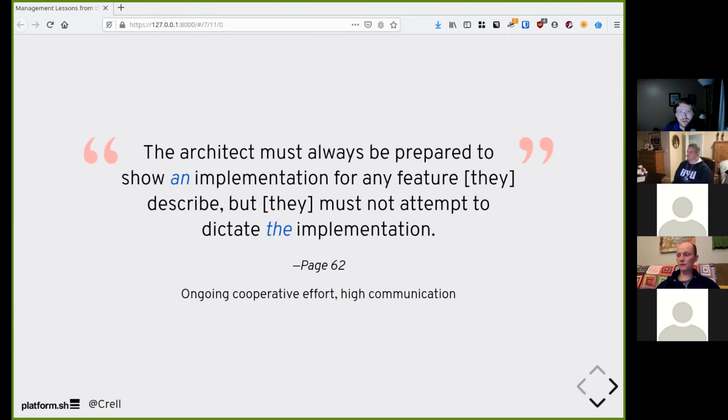This is an ongoing cooperative effort with high levels of communication between the developer and the architect. The architect can't just drop something from on high and walk away. That does not work. But the architect is a clearinghouse of architectural changes and decisions. And they have final authority to say, you know, that might work, but we're doing it this way. We're taking this approach so that everything still hangs together correctly.